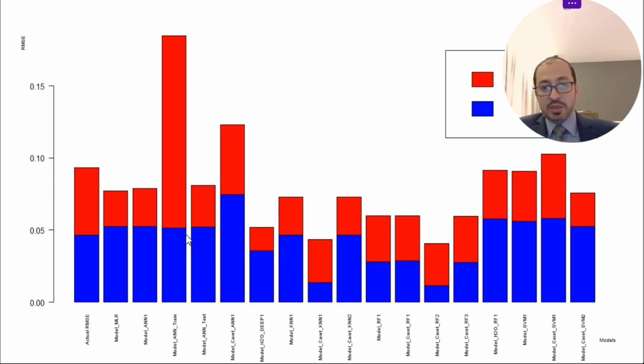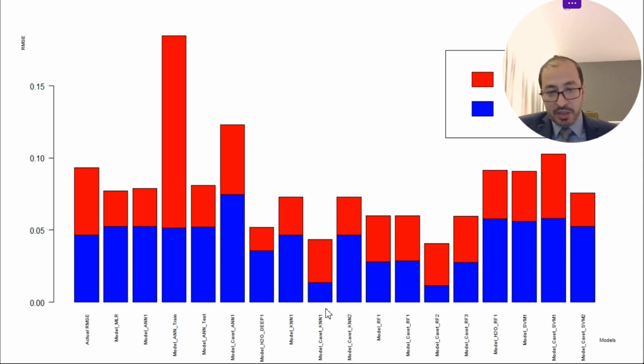Then I compare the model using root mean square error. The red one is for the testing data sets, and the blue one is for training data sets. So, okay, as we can see here, the deep learning provides the best fit or the lowest root mean square error in the testing data set.